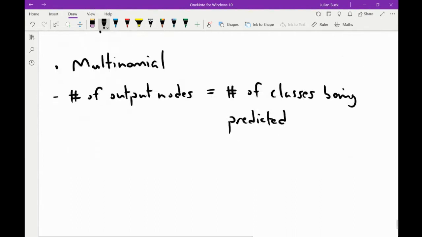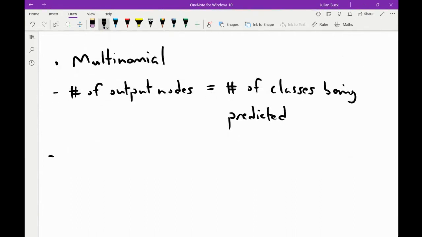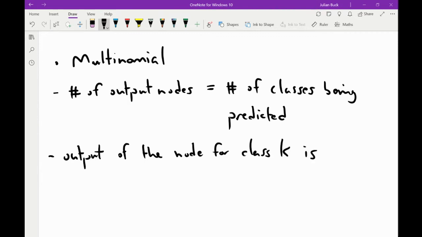And then how do the outputs work? Well, the output of the node for class k is going to be the probability that the prediction is in that class.